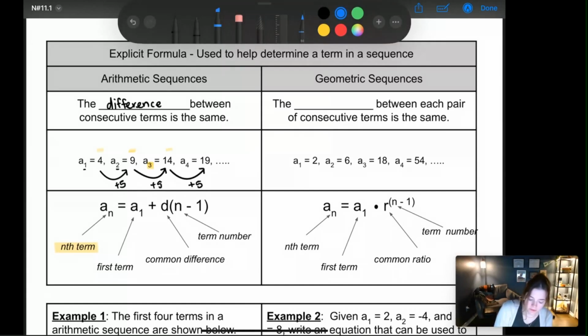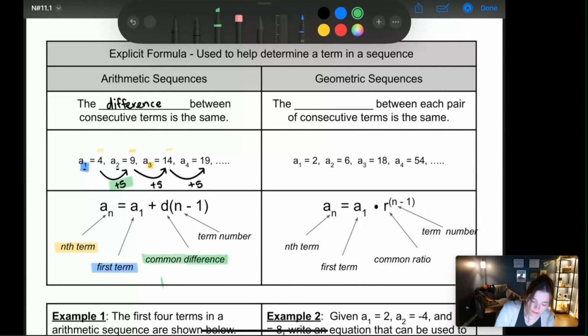Okay, then it goes first term. If it says A1, that means it's the first term, the first one in the sequence. It's the one that starts our line. And then D is for common difference. Remember, your common difference is what is happening between each of them. So this time, the common difference is positive 5.